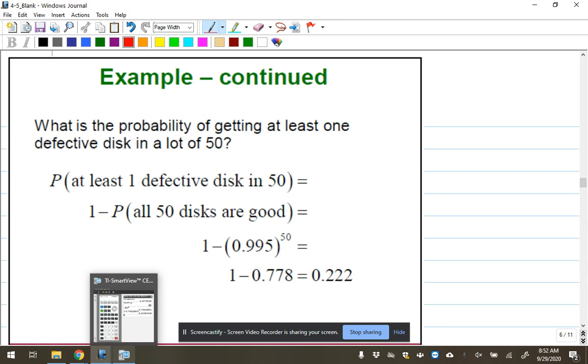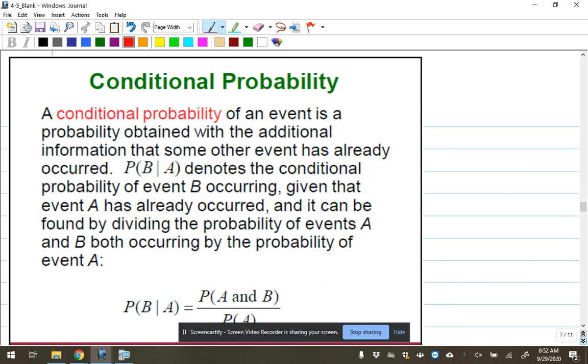It sure is easier to do 1 and subtract it from 1 than to do 50 of them, all the way from all 50 being bad down to 1 being bad, and add that all up. Yes, indeed.